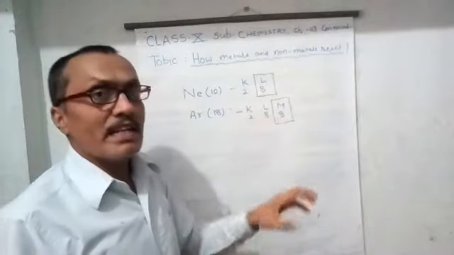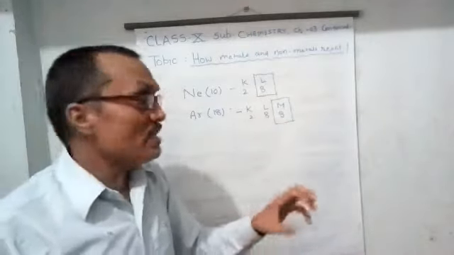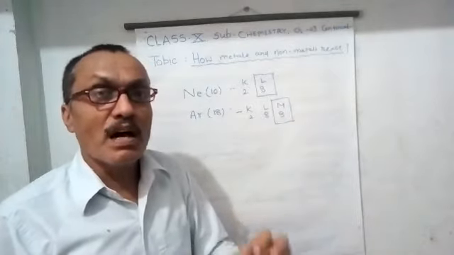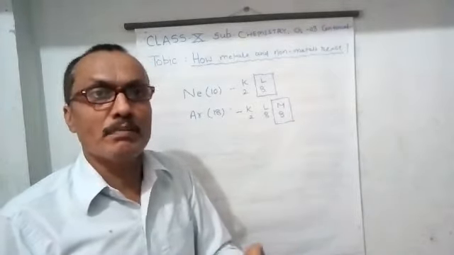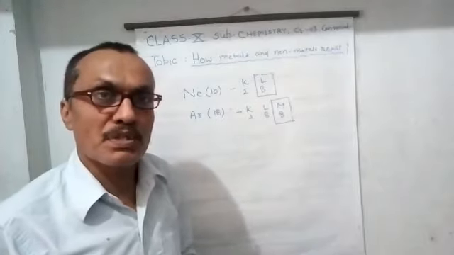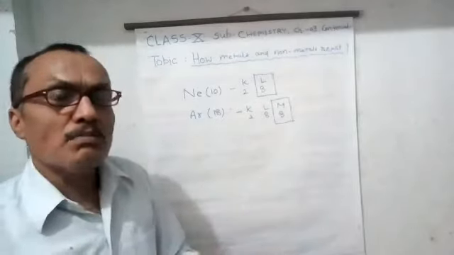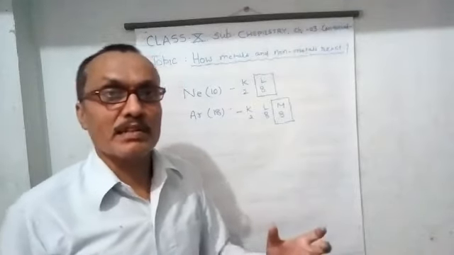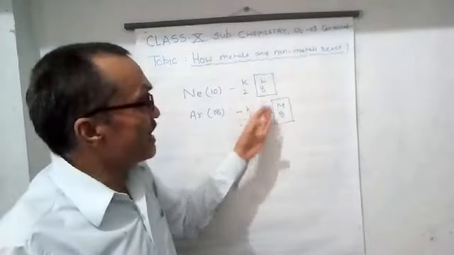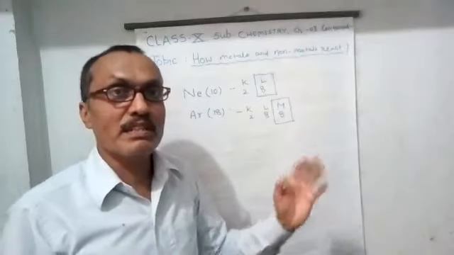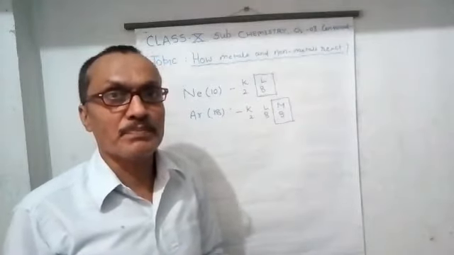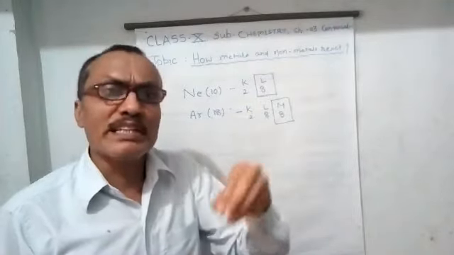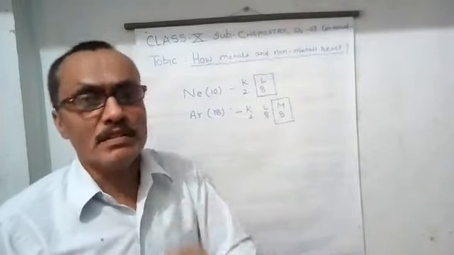You can say the outermost orbits of these atoms are completely filled with electrons, because in the outermost orbit there cannot be more than 8 electrons. So they already have 8 electrons in their outermost orbit, and they need not react with any other element.